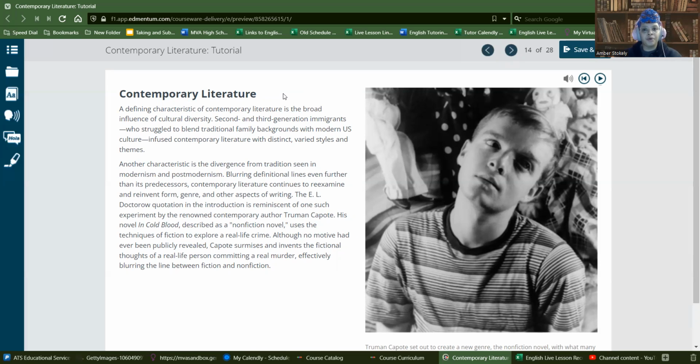And because people were more exposed to how things were in other parts of the world, and expressions of your culture, even if you weren't born in America, was normalized, a lot of second and third generation immigrants were able to put their own spin on the things that were being written at the time.